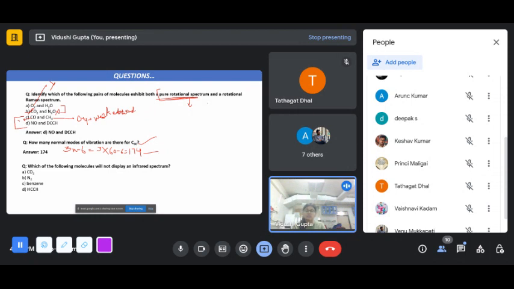Just remember which will not display. The answer is N2.